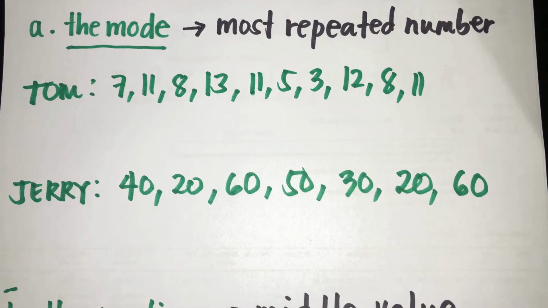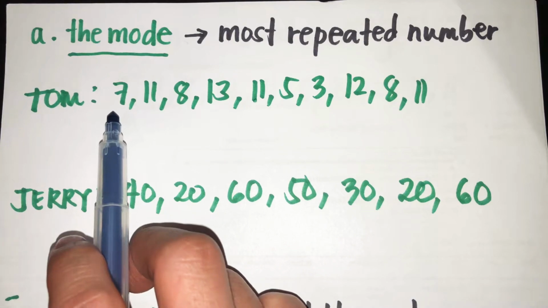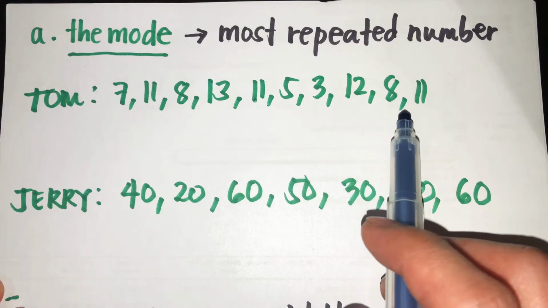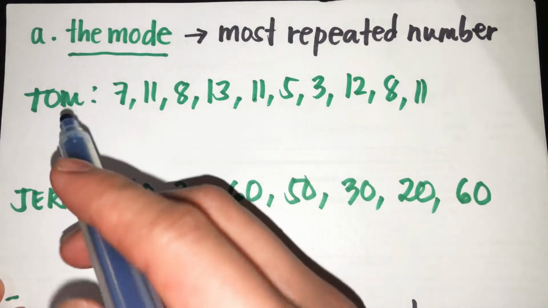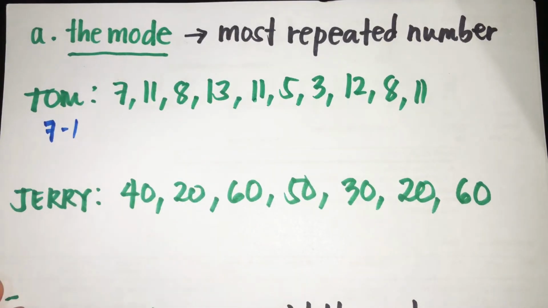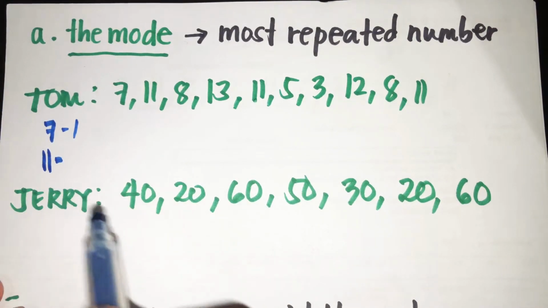Okay? Now first, let's count how many times a number appears in a given set. For Tom, 7 appears only once in the given set. Then for 11, it appears how many times?